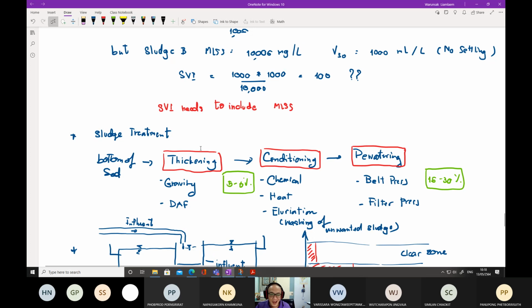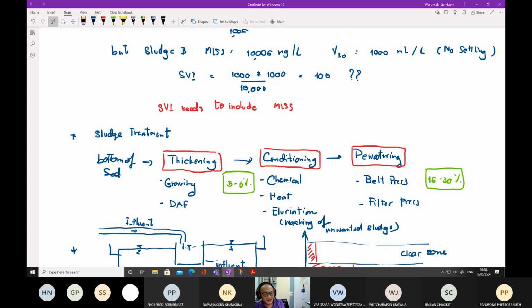After thickening, the sludge is still pumpable, but after passing the dewatering process, it becomes sludge cake. As it becomes sludge cake, it cannot be pumped. It's not a liquid anymore.